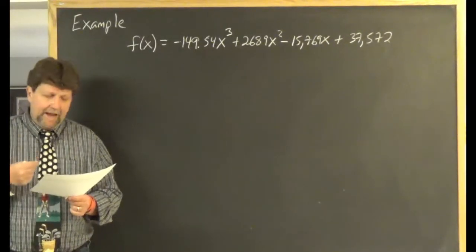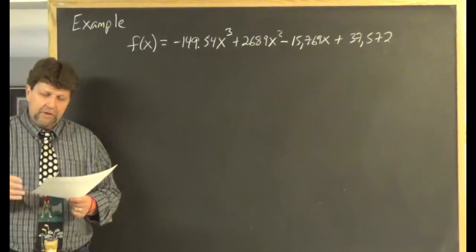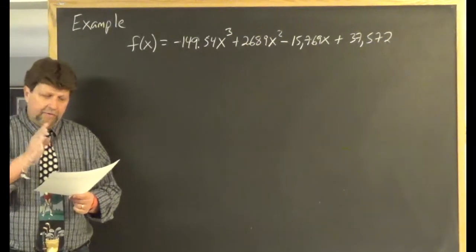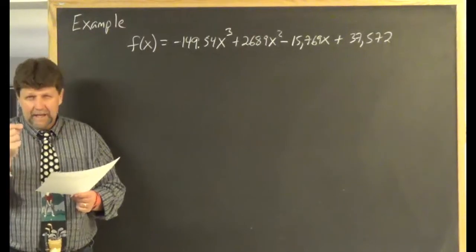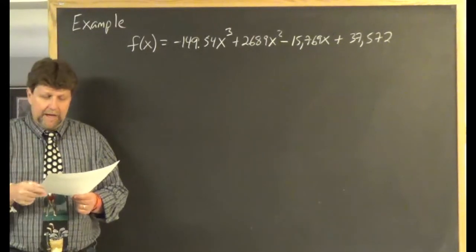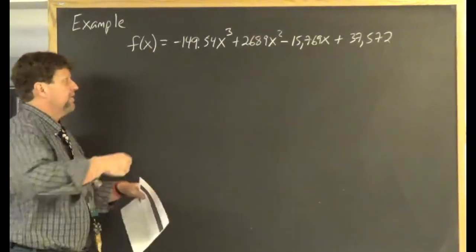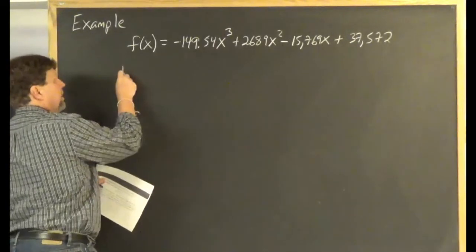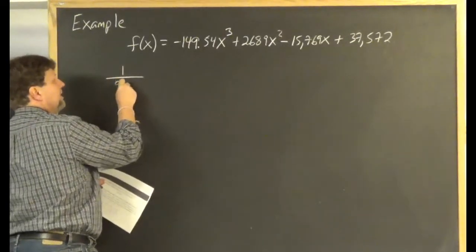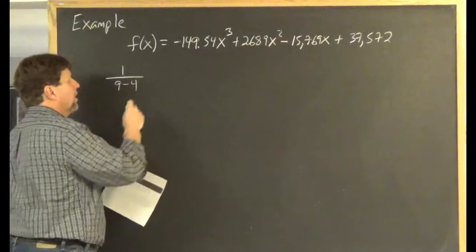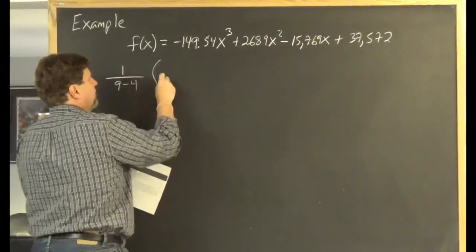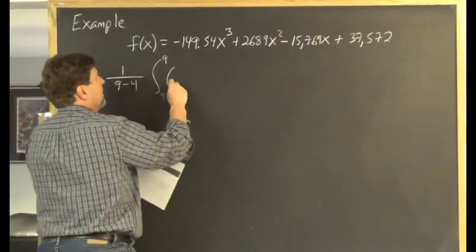So we're trying to get the average value of this function on the interval from 4 to 9, because x is the number of years since 2000. To get the average value, it would be 1 over b minus a, so that's 1 over 9 minus 4, integrating from 4 to 9.